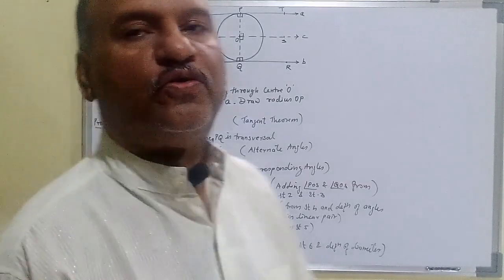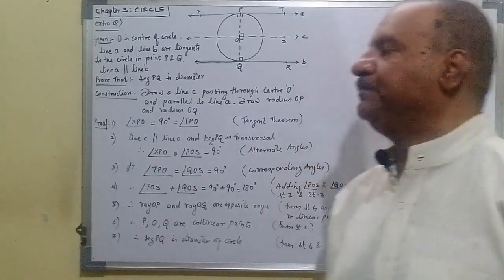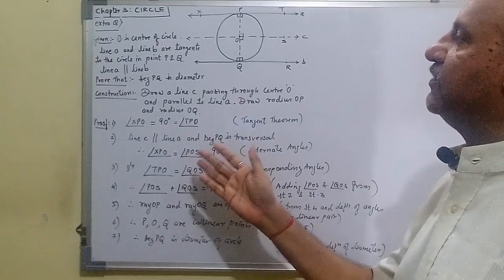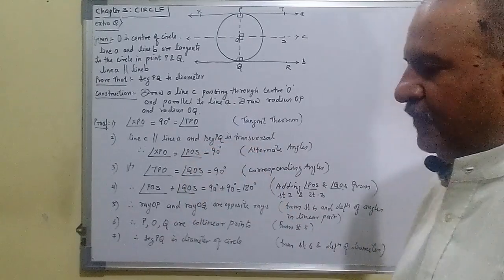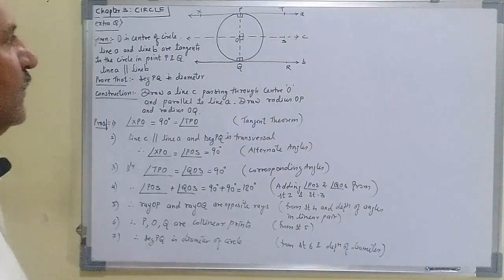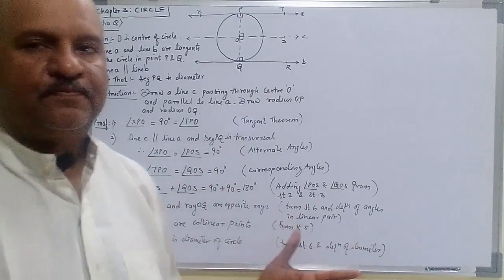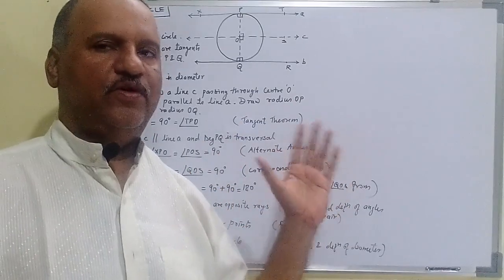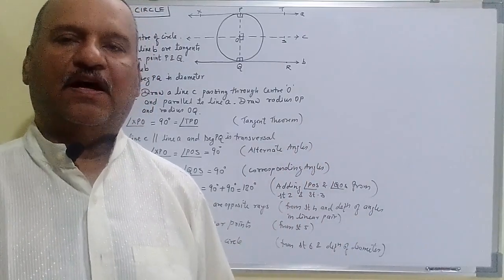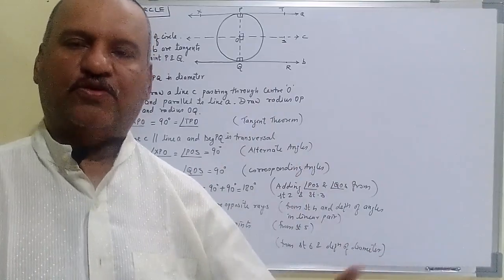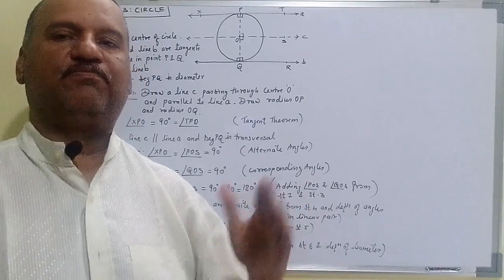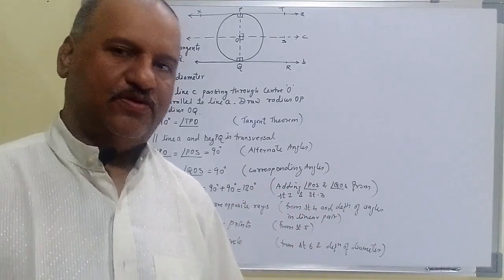Okay, before we go to 3.1, we start and we try to solve an extra question. This can be asked as a proof, and I am giving it here as a proof. It can be asked as a numerical question for a solution, but that solution will contain the proof along with the solution, remember.